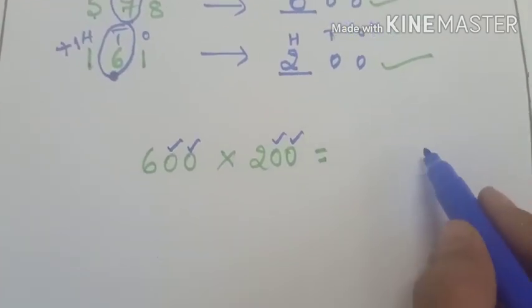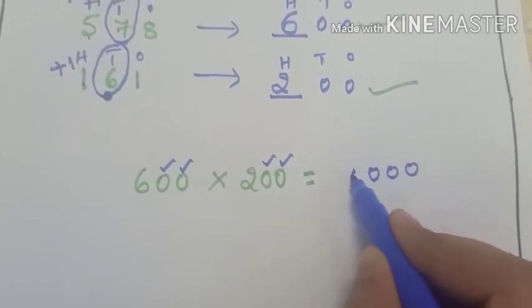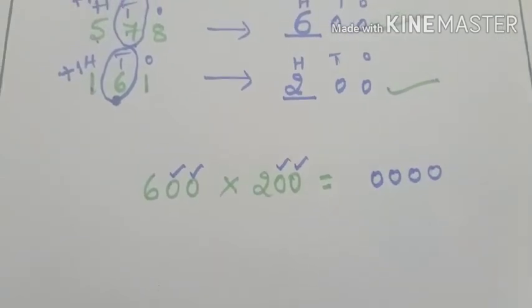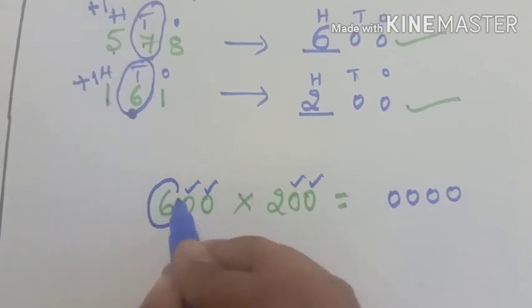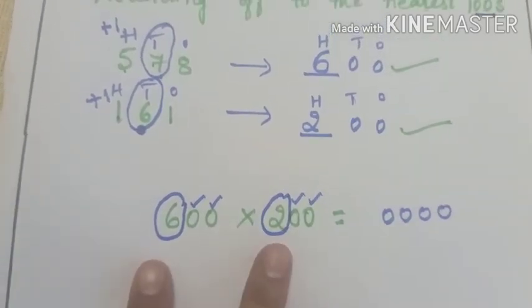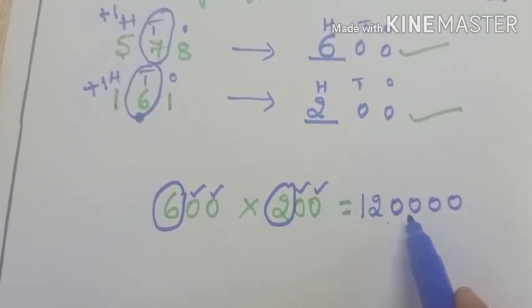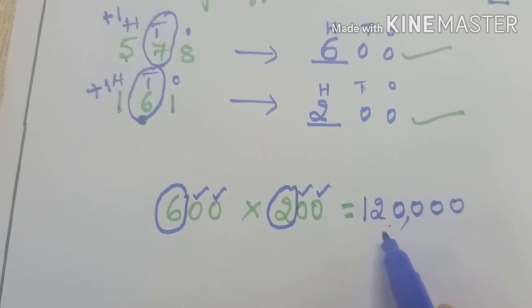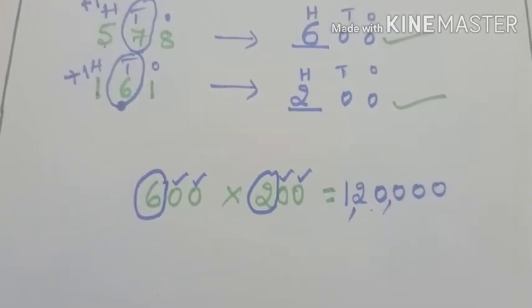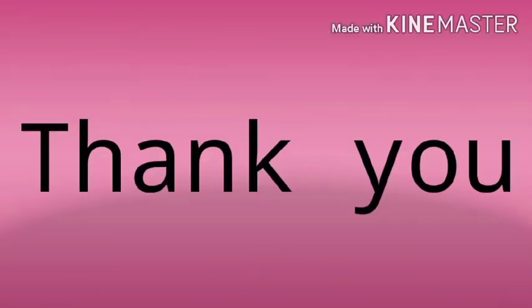So in the product also you can write 4 zeros. Now multiply the remaining numbers, 6 and 2. 6 2s are 12. The answer is 120,000.